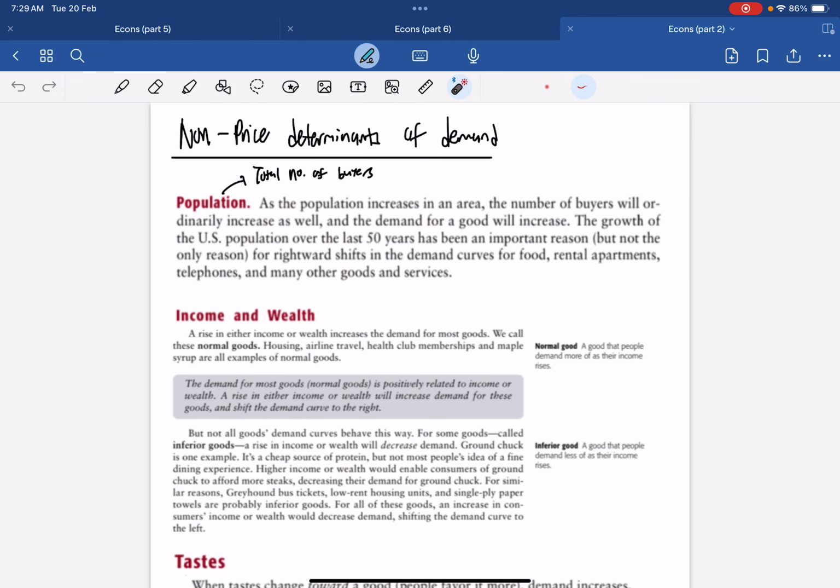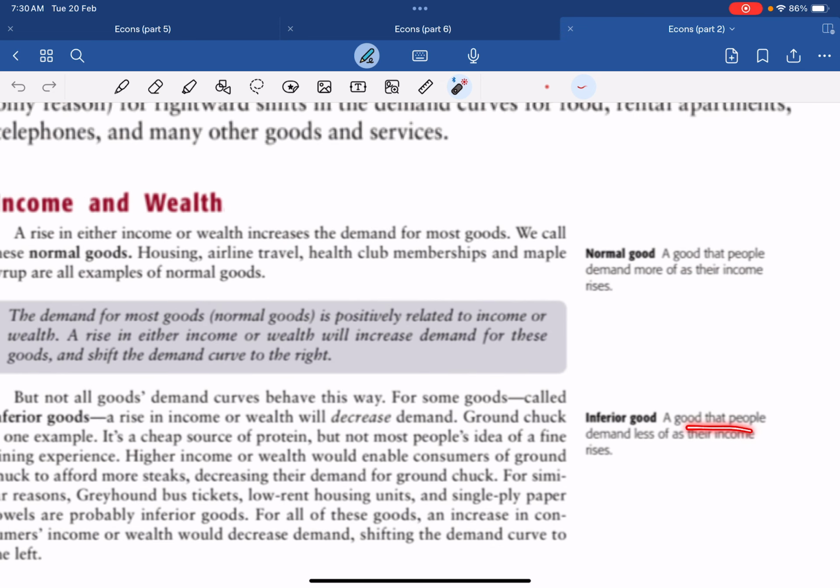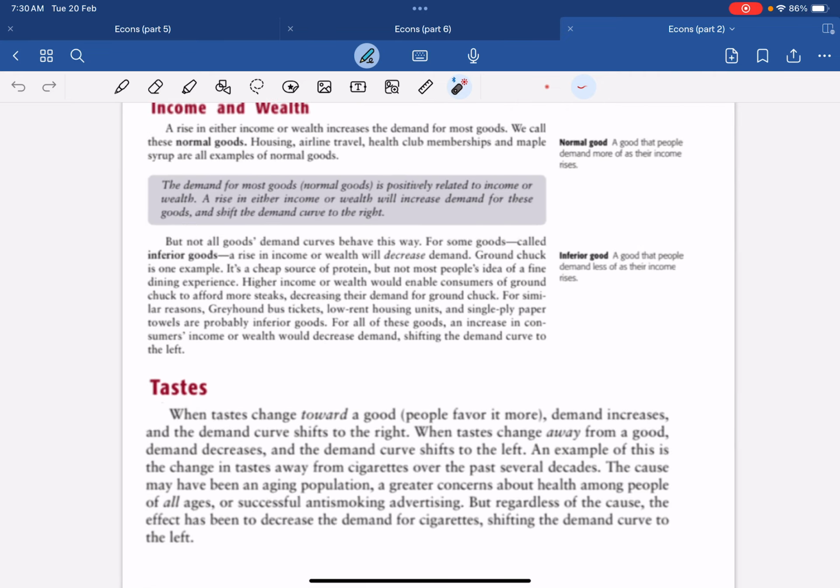Certain examples of non-price determinants will be the population. If you have more people, then your overall demand will just increase. Income and wealth. So for a good, we either say it's a normal good or an inferior good. Another word for normal is luxurious. So if you just think of luxurious and inferior, luxurious is a good that people demand more when their income increases, and inferior is a good they demand less when their income increases.